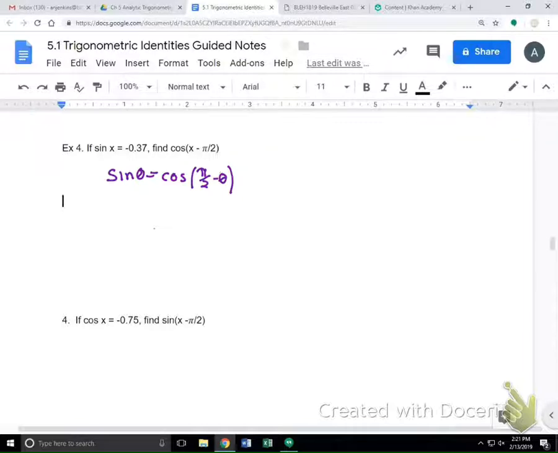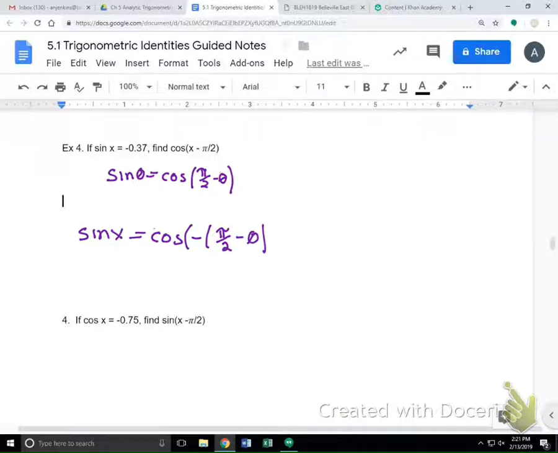It rearranges our equation. So if I have sine x equals cosine of negative pi over 2 minus x, we rearrange the part in our parentheses, so the argument of our trig function, to be in the same order as the identity.